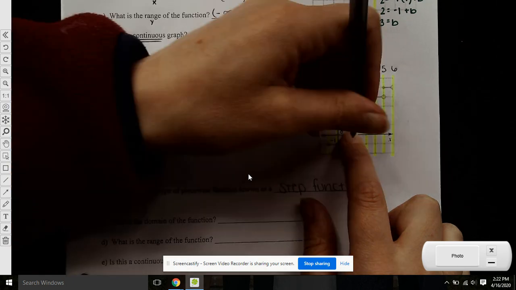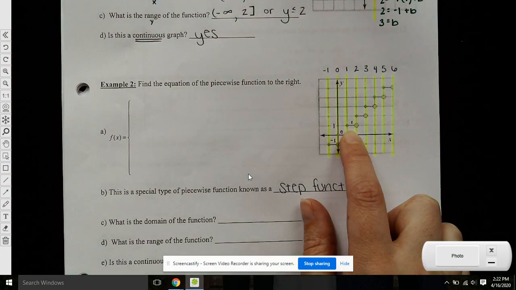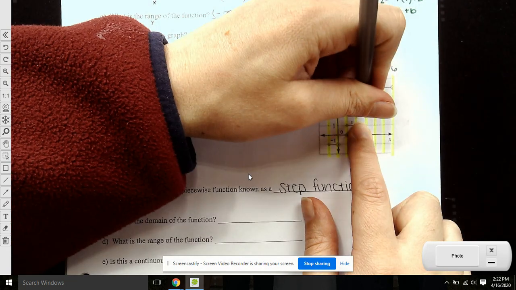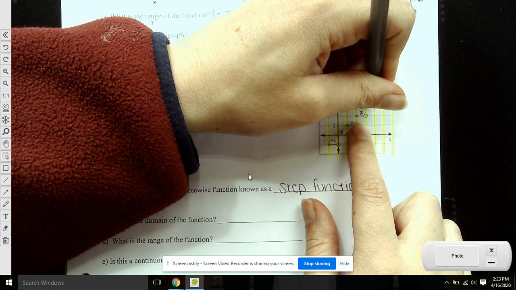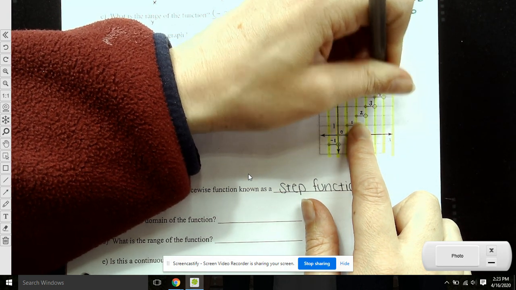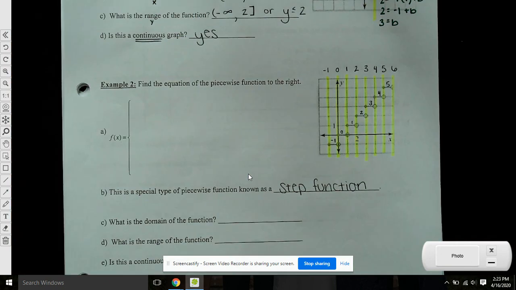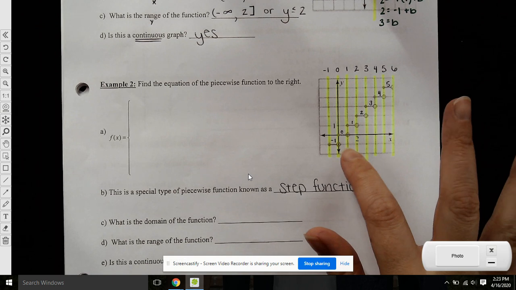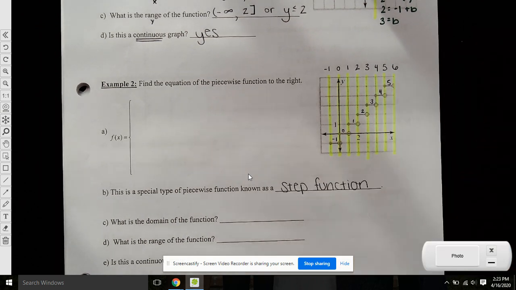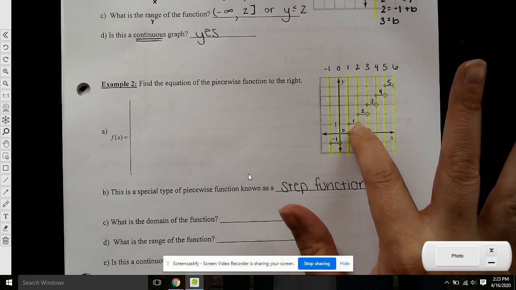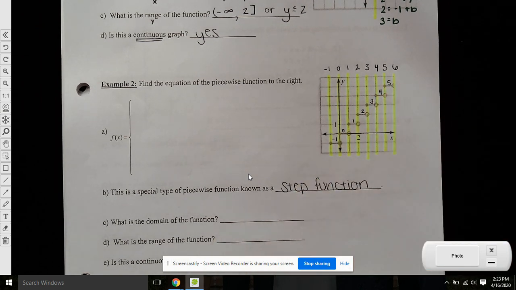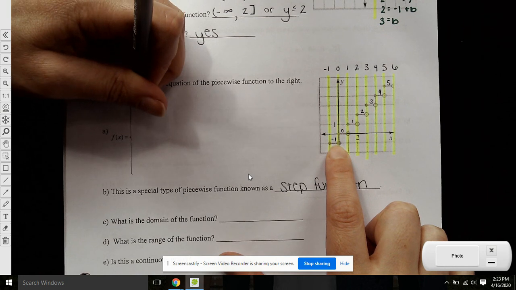The next one is 1, 2, 3, 4, 5. So I can see my graph is going to take on the values -1, 0, 1, 2, 3, 4, 5 in different intervals. So those are actually my equations for these, because when you have a constant function, it's just y equals that value. So my first part, the function is -1.